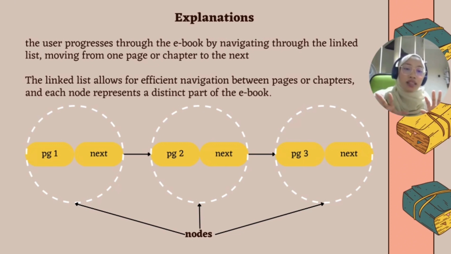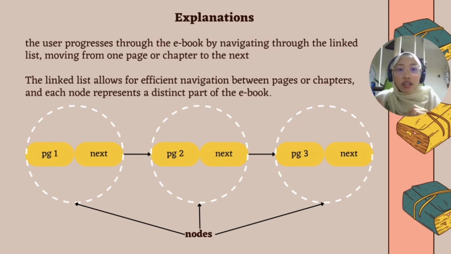So here's the linked list I've shown you in the diagram here. There's a few pages. From page 1, we could say it looks like this, and moving on to page 2 and page 3. All of these pages are represented as nodes. So it's very important to note that all of them are nodes, and it could also be applied to the chapters as well.